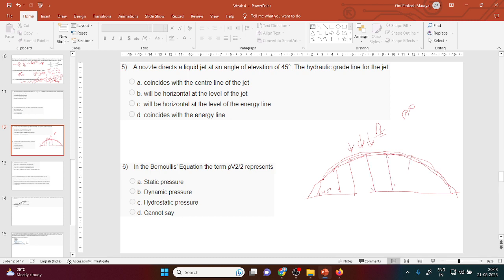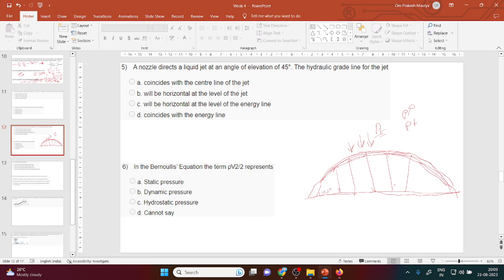If you consider the datum like that, for a fluid particle the pressure is the same everywhere. So what does the hydraulic gradient line represent? Datum head and pressure head. So your hydraulic gradient line will coincide with the center line of this water jet.